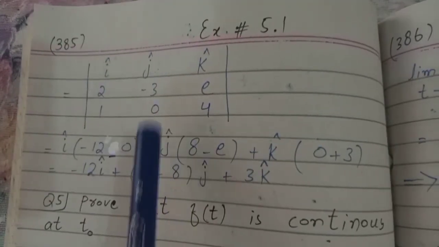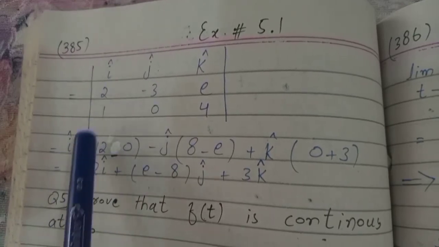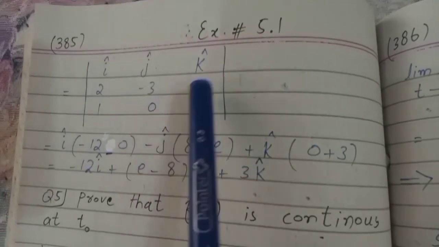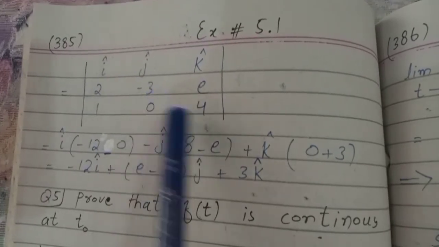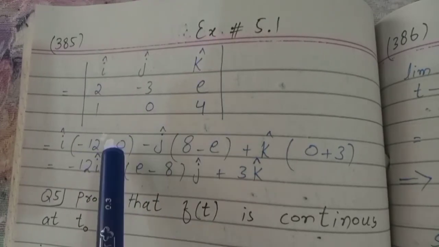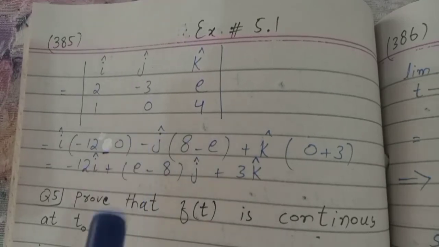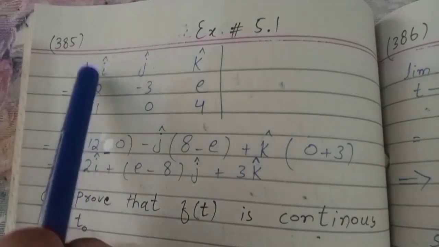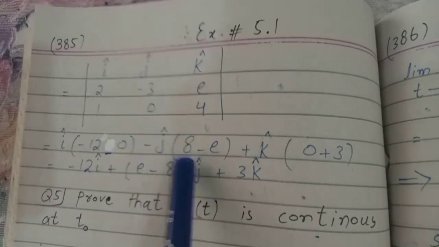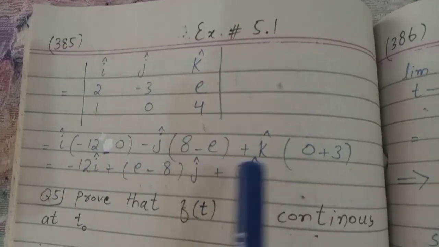Now we will expand this determinant by the first row. Write i here, neglect the first row and first column, and multiply these two minus, and then multiply these two: minus 3 multiplied by 4 will be minus 12, minus 0 multiplied by e will be 0. Then minus j, neglect the first row and second column: multiply 2 with 4, we get 8, minus, and multiply 1 with e, we get e.